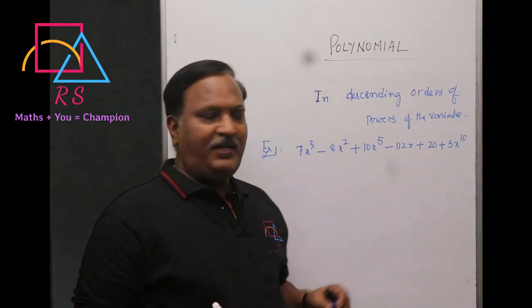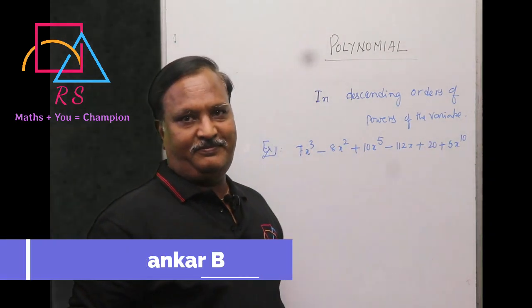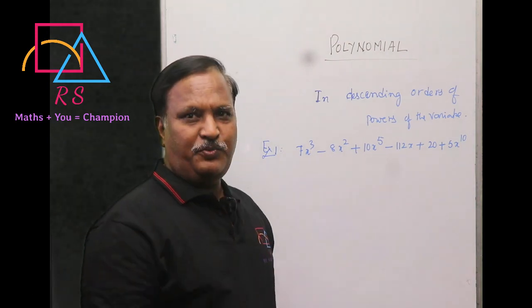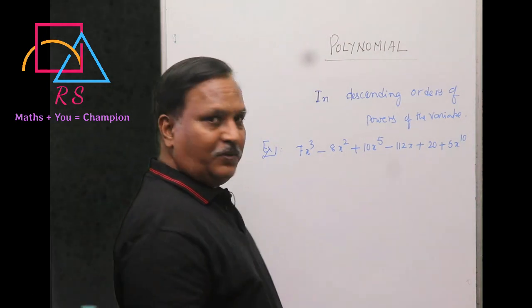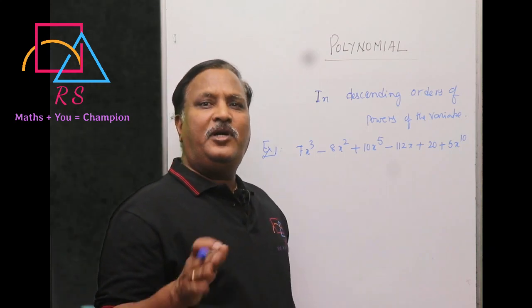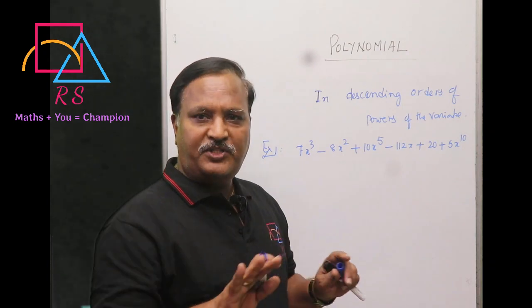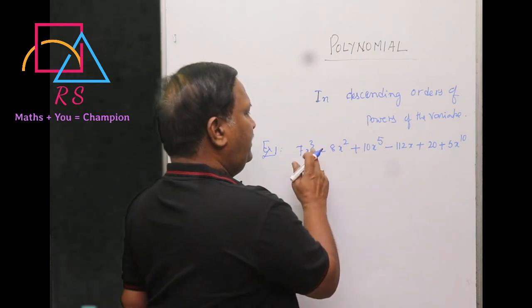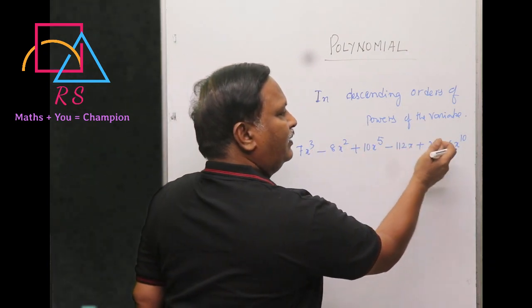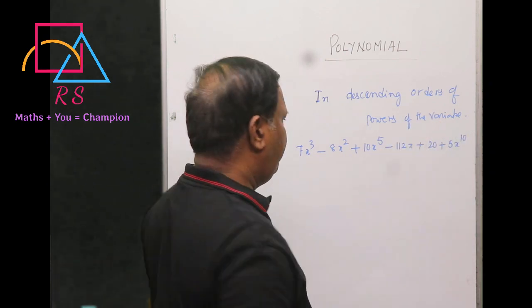This is a polynomial because all the powers are positive whole numbers. So the difference between an algebraic expression and a polynomial is that in a polynomial all the powers should be whole numbers: 3, 2, 5, 1, 0, 10, all whole numbers. So it is a polynomial.